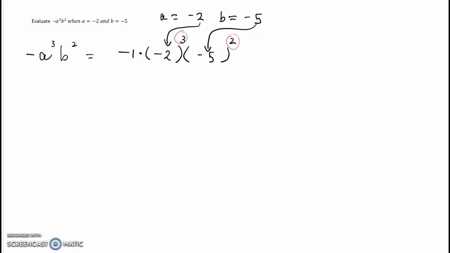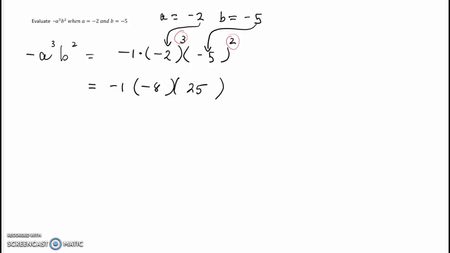So the first thing we're going to do is bring down the -1. We're not going to use that. -2 cubed is -8. Notice I'm maintaining the parentheses because we're not multiplying as of yet. -5 squared is 25. All right, what's left? Now we have multiplication of -1 times -8, and then the result times 25.